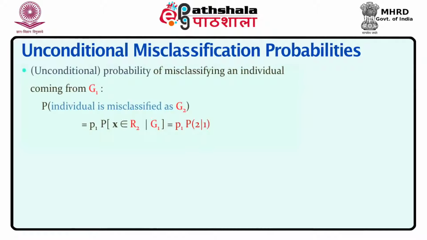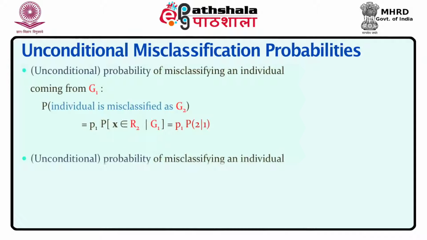So it's basically an intersection of two things: the individual comes from G1 and he has been classified into the region R2. As you know, you can always write this intersection of these two events as the probability of the first event times the probability of the second event given the first event, which is the probability of x falling into R2 given G1.